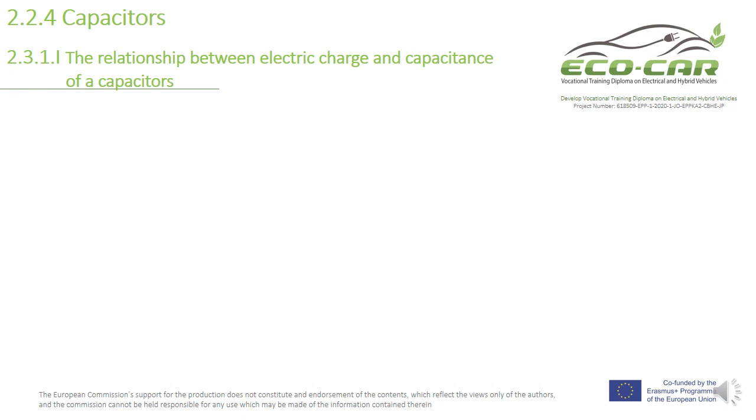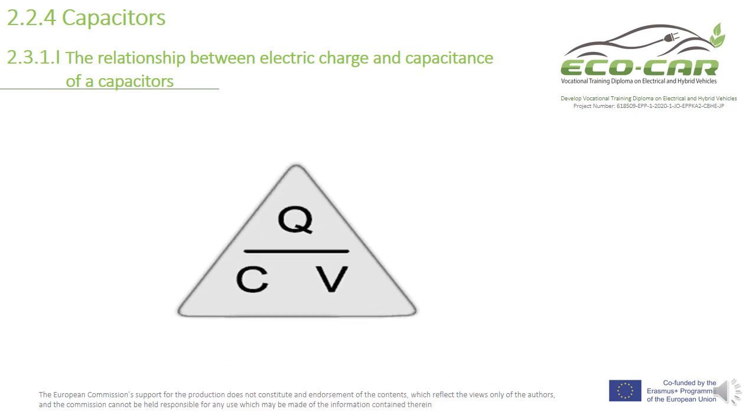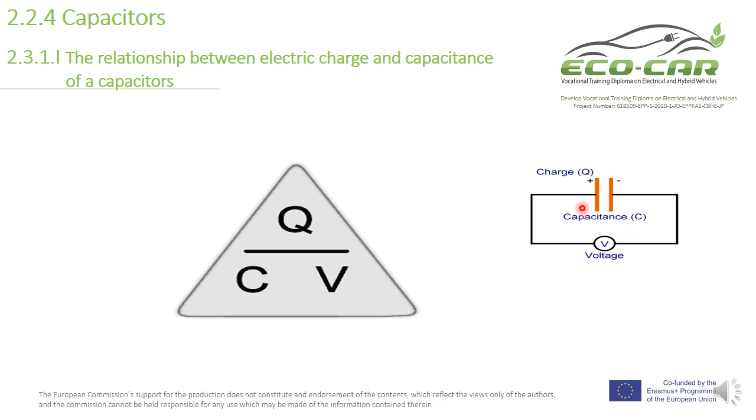What is the relation between electric charge and capacitance of a capacitor? This is the triangle. In this, you can see the formula between the charge, the capacitance and the voltage of the capacitor. This is the capacitor, with the plus and minus plates, and this is the voltage.